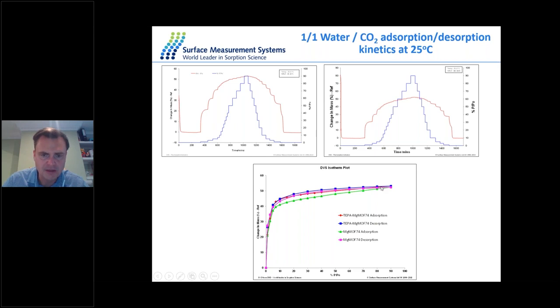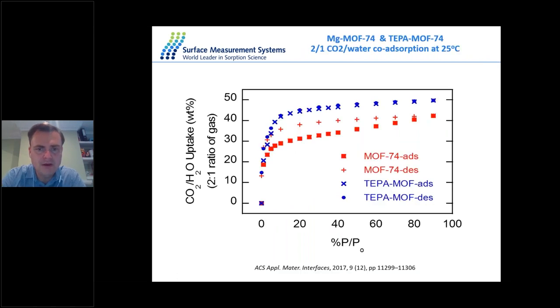So it's very difficult to comment. But the improvements we see when you have the 2 to 1 water to CO2 mixture for co-adsorption is that the functionalized MOF does not show hysteresis, which shows that some of the water or CO2 does not stay inside the matrix of the material, compared to the original MOF 74, where we observe the hysteresis gap.